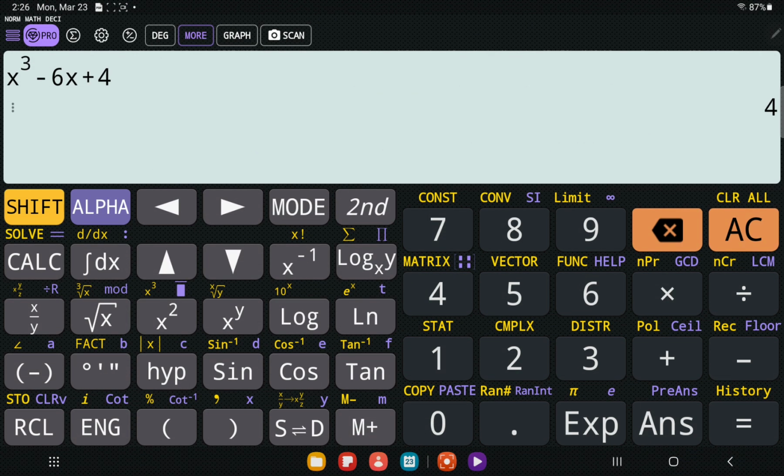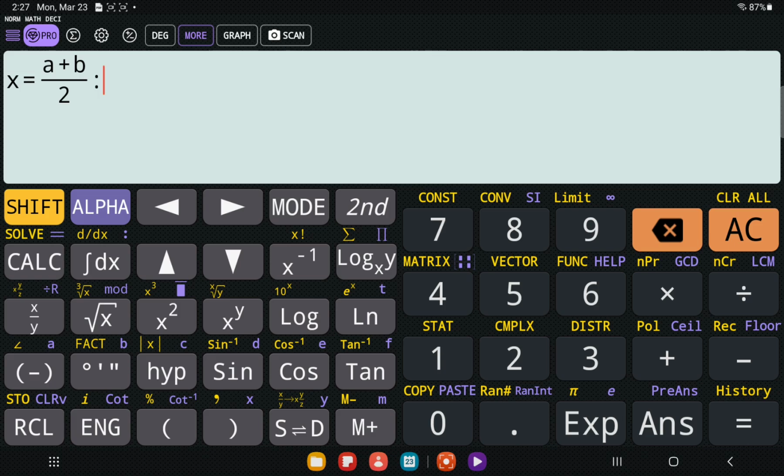You come to your calculator and write, you say alpha x is equal to. Now some of you don't know how to write the equal to: it is alpha calc. So you press this, you write alpha a plus alpha b, and then you divide by 2, and then you write alpha colon.